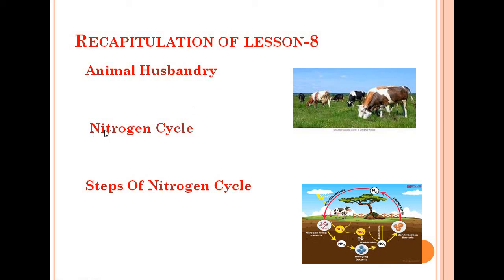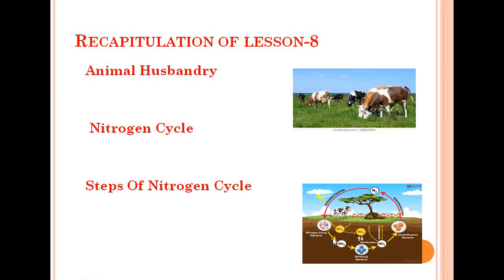Okay. Now this is the nitrogen cycle. We know that it is the process in which nitrogen enters from the atmosphere and then returns back to the atmosphere. The whole cycle is known as the nitrogen cycle. We have also seen in this figure how atmospheric nitrogen is taken up by Rhizobium or other nitrogen-fixing bacteria.